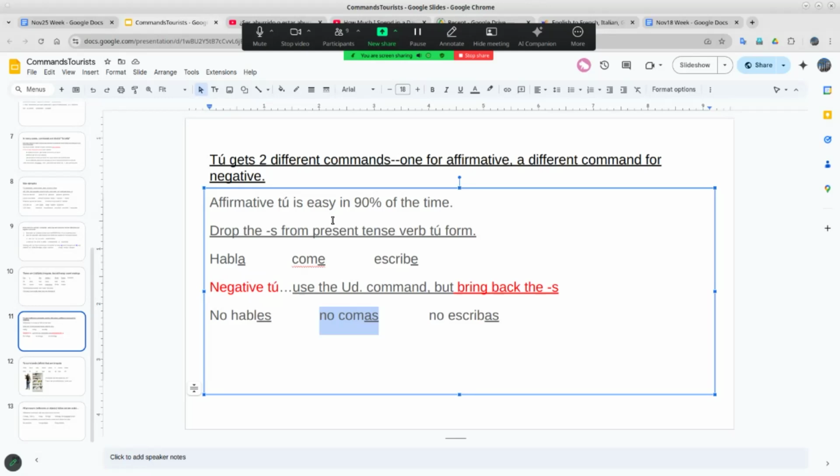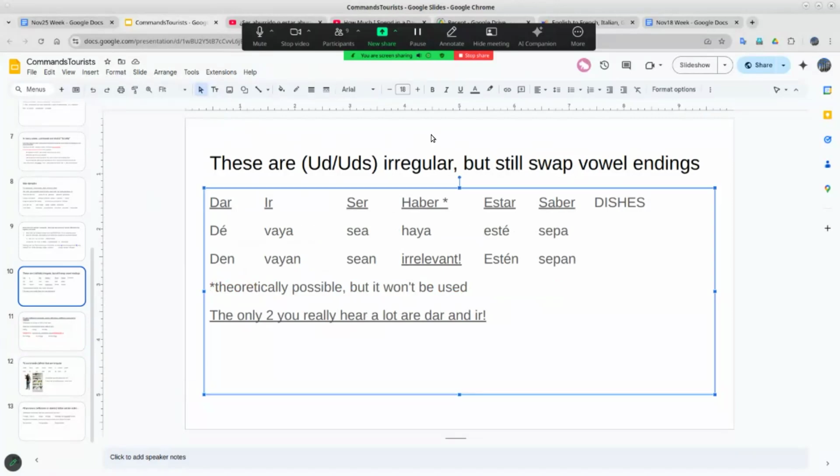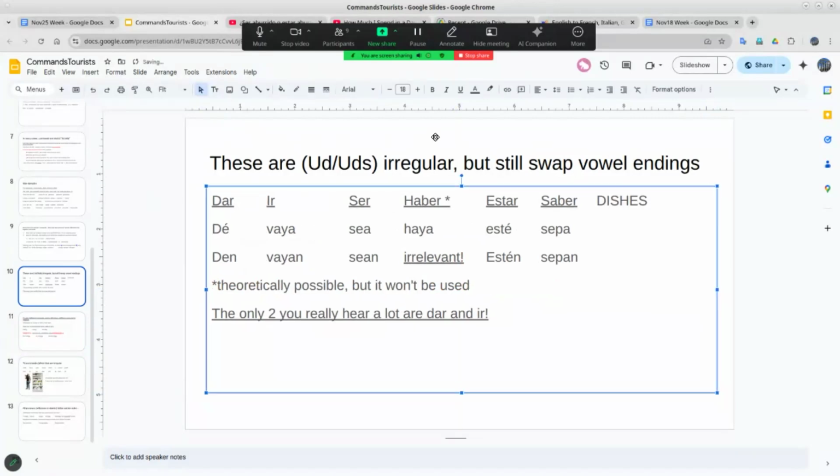Bien. Okay, vale. All right, now you saw that for usted and ustedes, these verbs are the irregulars for commands.